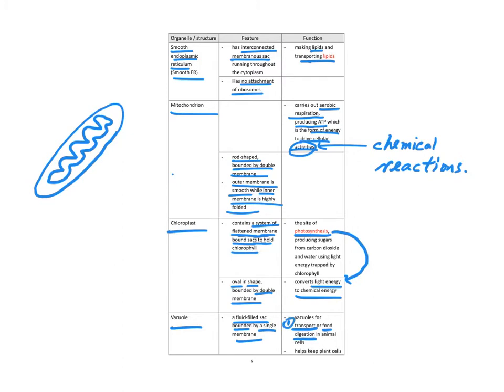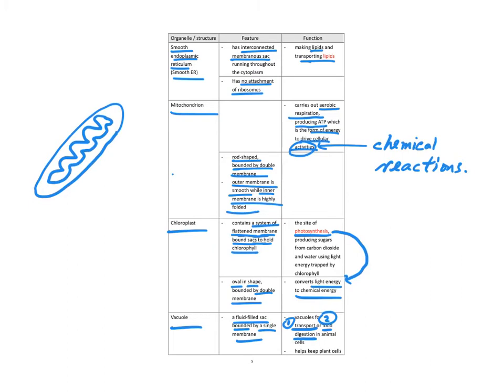Number one, transport of materials, of substances inside the cell, or number two, food digestion in animal cells. The actual process of which you will learn later on, but not now. You just remember it first.